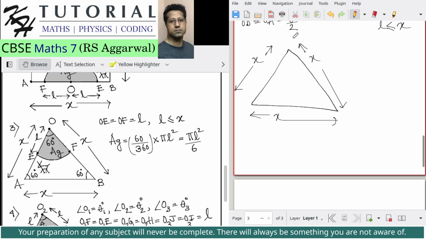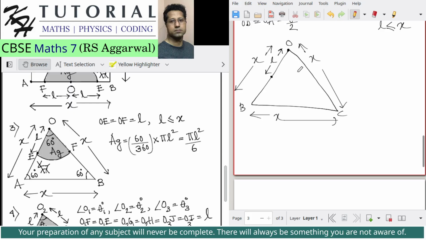Let's say the animal is tied at the vertex O. So let's say the triangle is OBC. I will always refer to O as the point where the animal is tied. So at the vertex O of the triangular plot the animal is tied, and the length of the rope is small l, as usual.